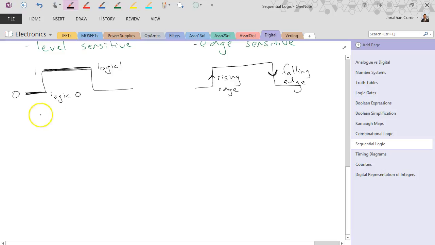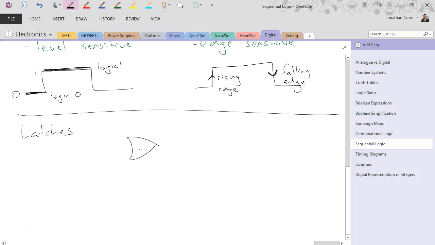So let's have a look first at latches. Now a latch can be constructed from AND gates, or it could be constructed from NOR gates, as I'm going to do here. And the NOR gate one's slightly easier because our inputs are what's known as active high. We're looking for high levels rather than low levels. What we get is some feedback.